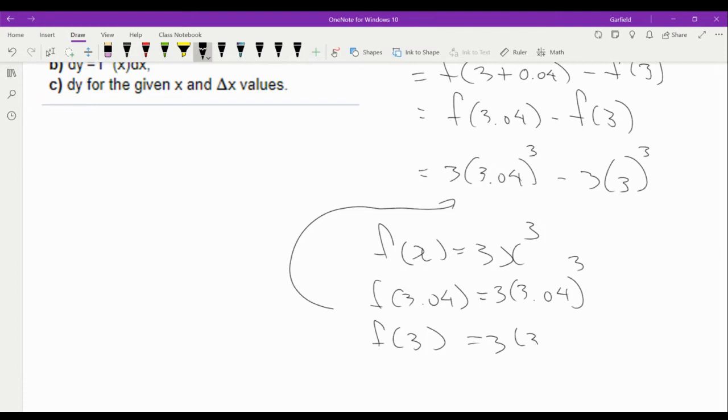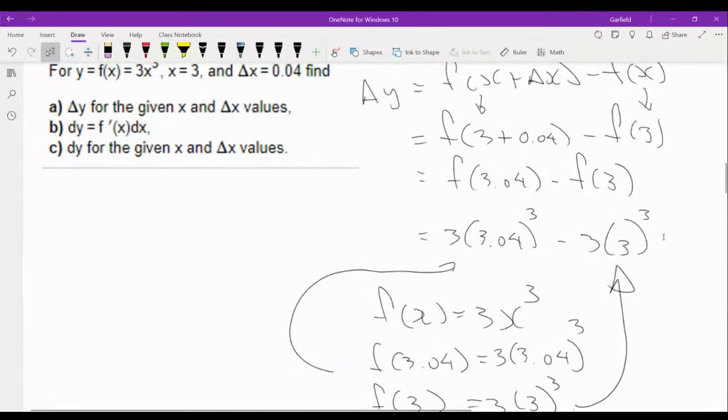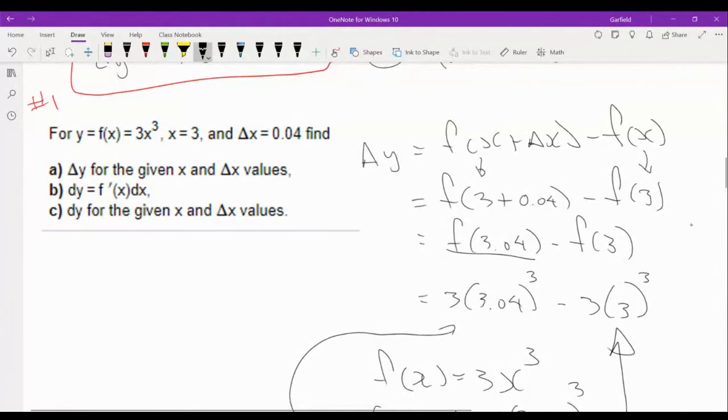So it becomes 3 times 3 cubed. Which is what we're doing here, right? Marta, did I answer your question? Yeah, so that's all we're saying here. We're evaluating the original function with those two values.